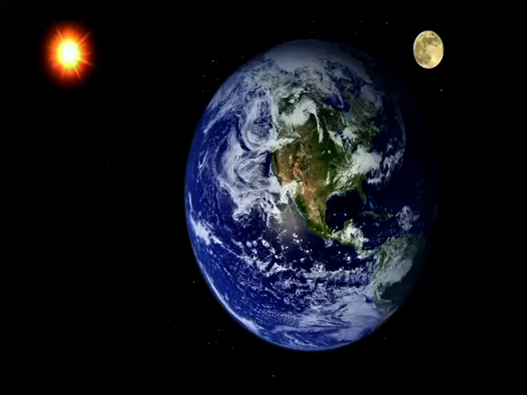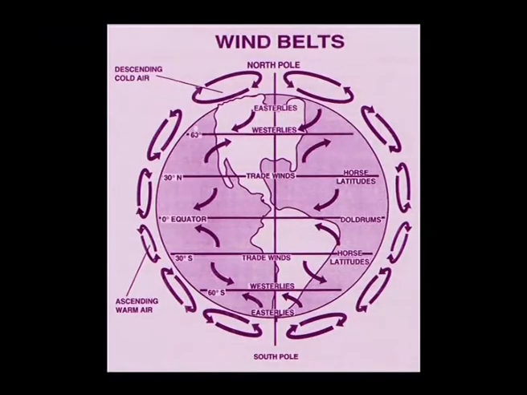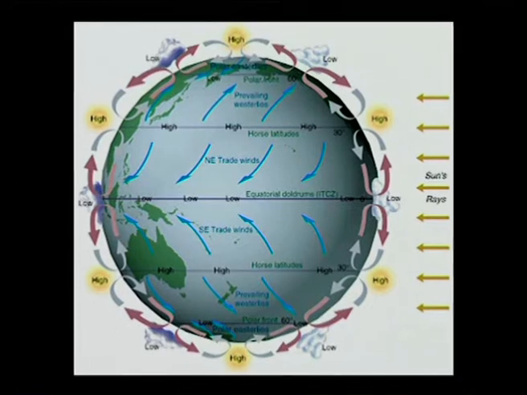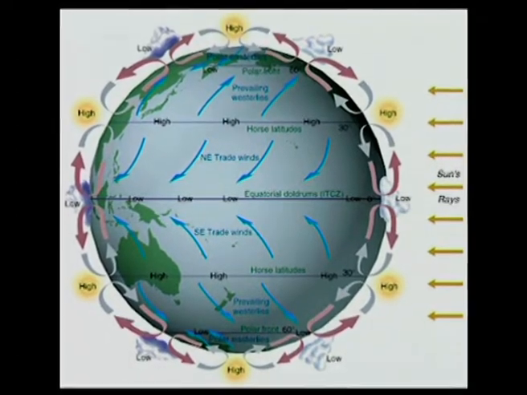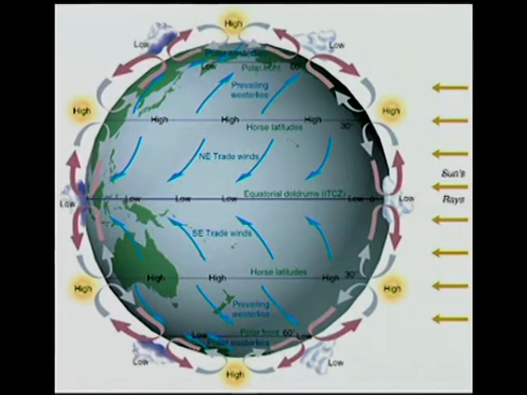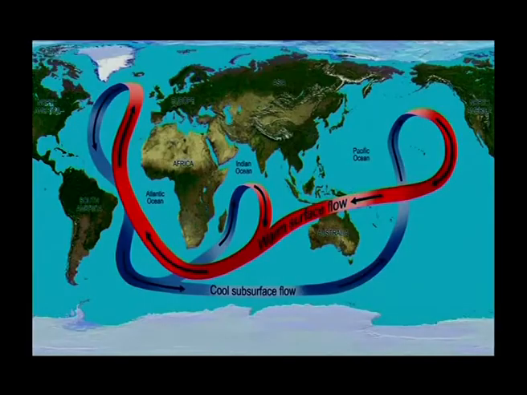These currents transfer heat from warmer to cooler areas on earth. Just as the major wind belts of the world do, wind belts transfer about 2/3 of the total amount of heat from the tropics to the poles. Ocean surface currents transfer the other third.